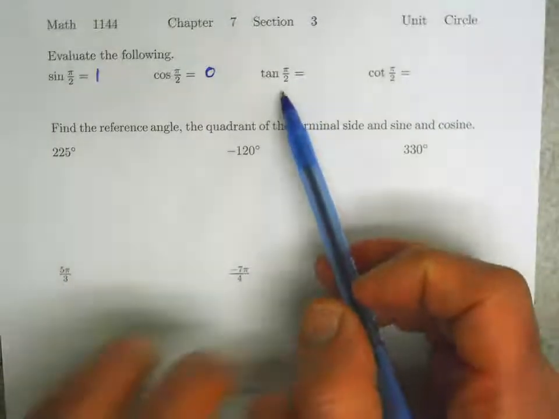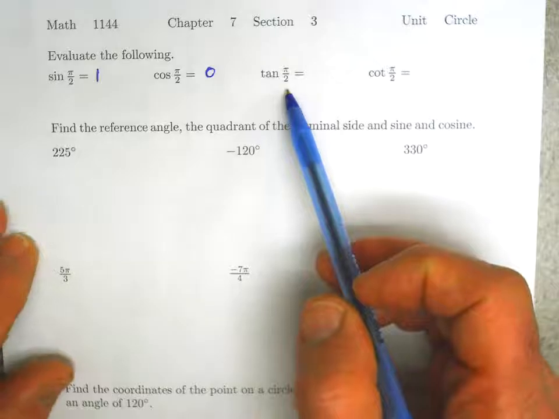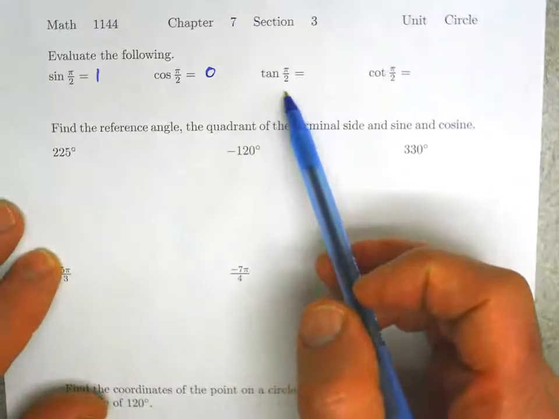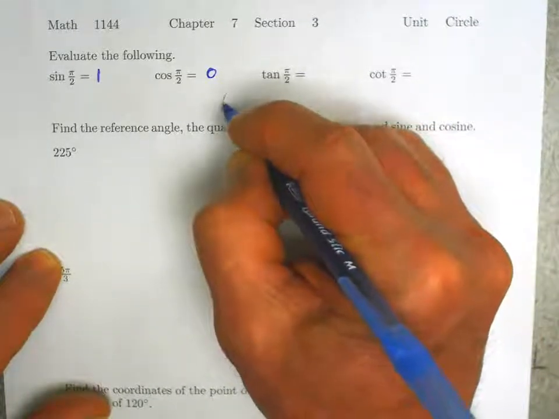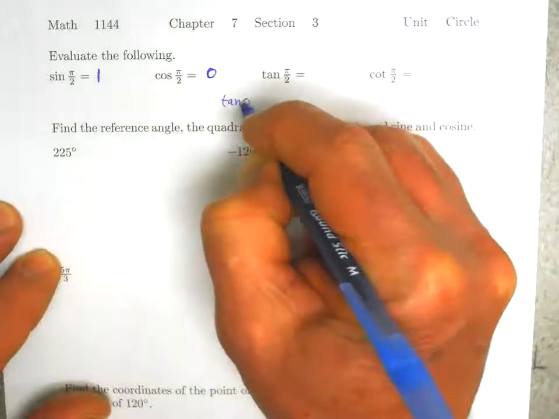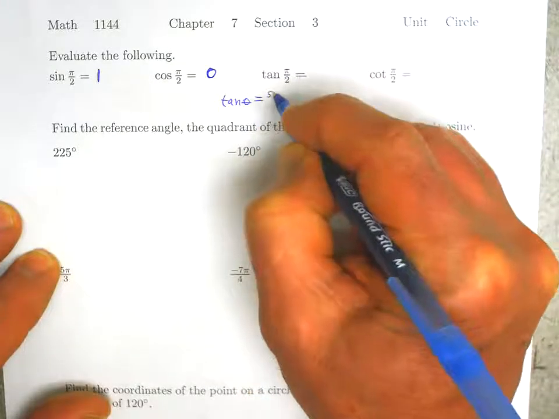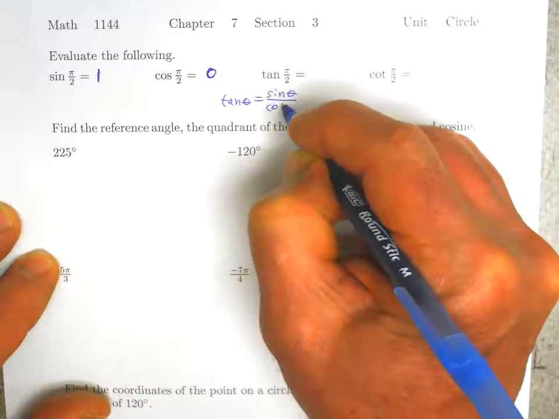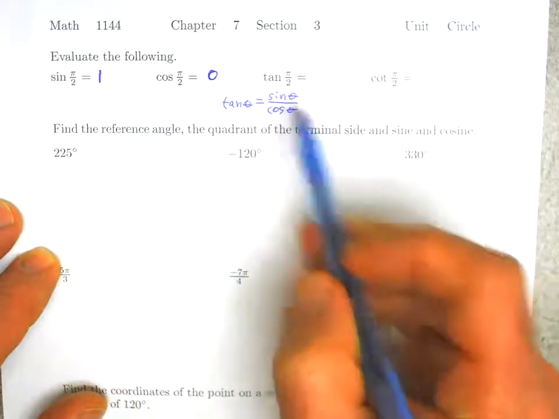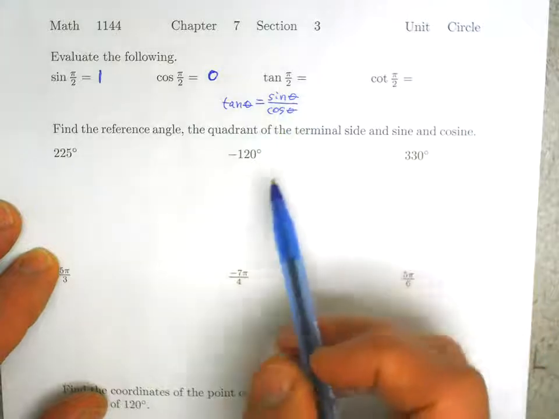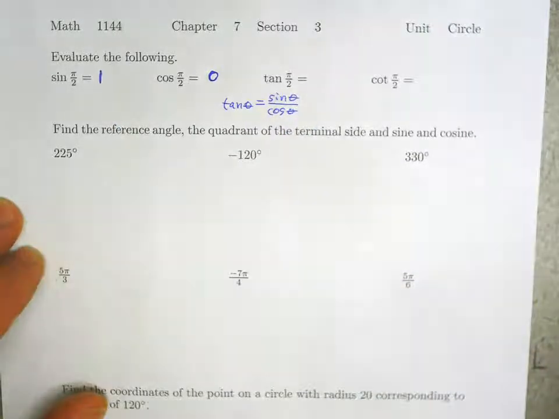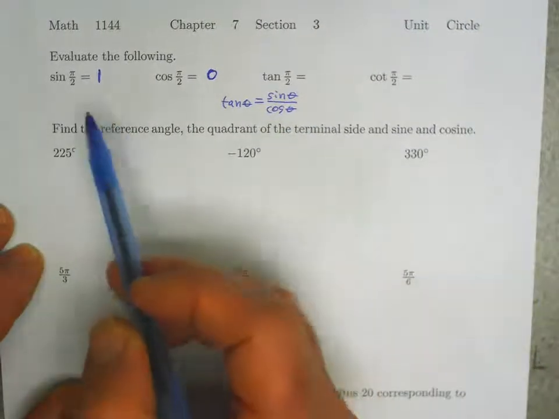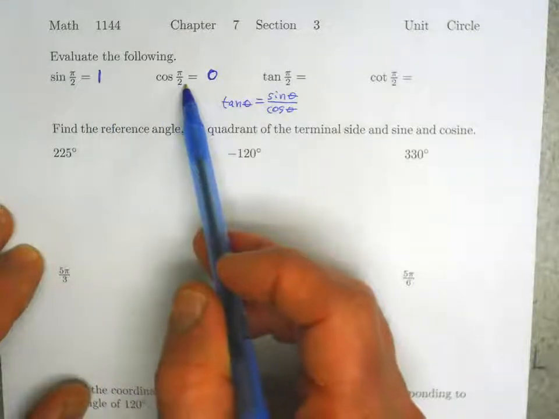Tangent of pi over 2. So let's use the fact that tangent of theta is equal to sine of theta over cosine theta. So tangent of pi over 2 is equal to 1 divided by 0.